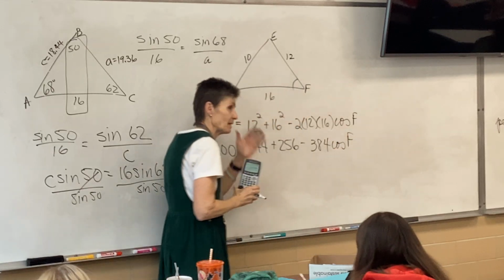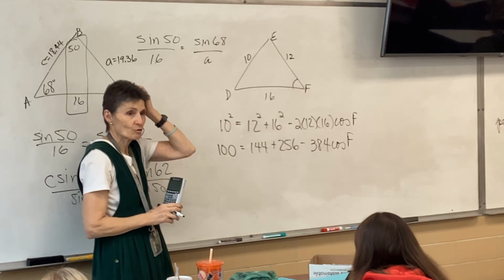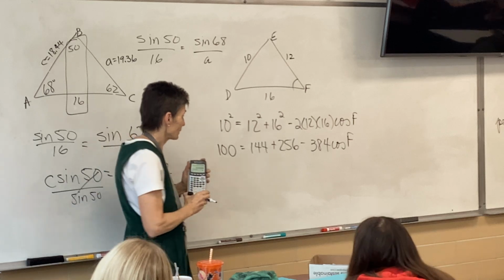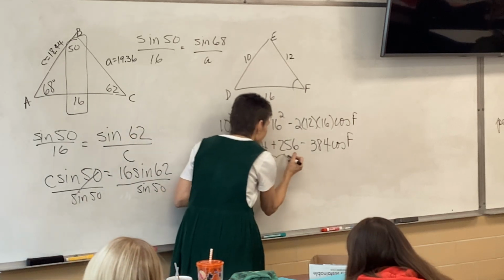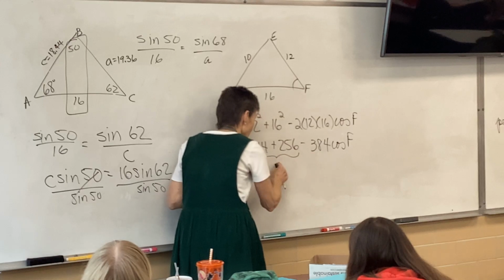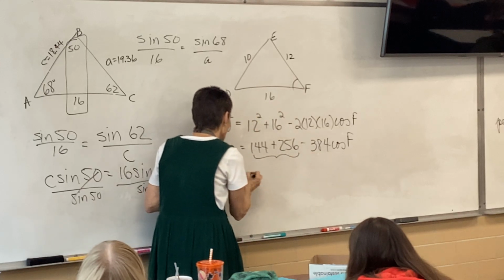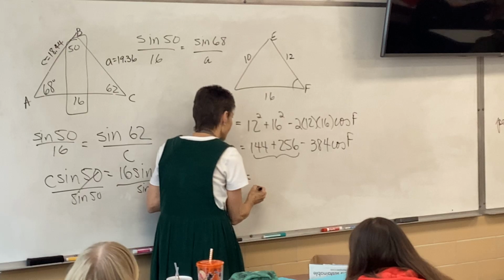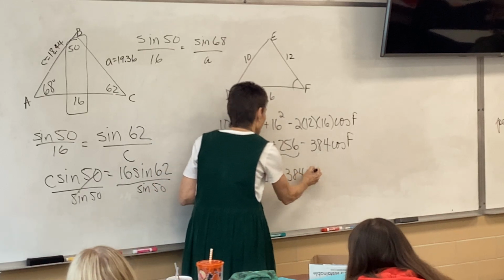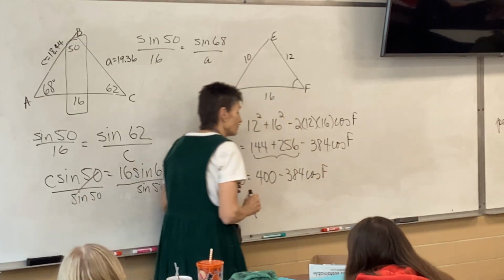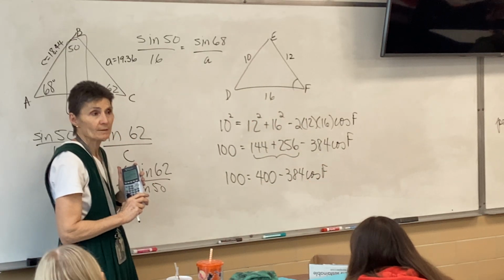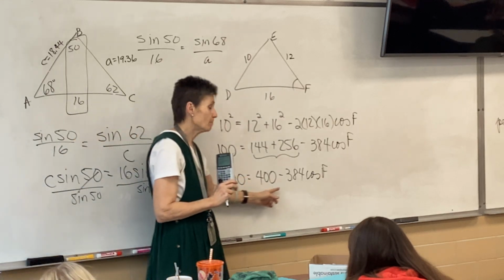Okay, how do you feel about that so far? I did nothing tricky. Now, can I add these two together? Not that one. These two can be added. So 100 equals 400 minus 384 cosine F. Do not try to combine these.